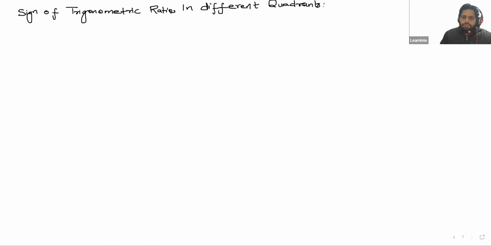For example, if we have these 4 quadrants, this is first, this is second, this is third, and this one is fourth.